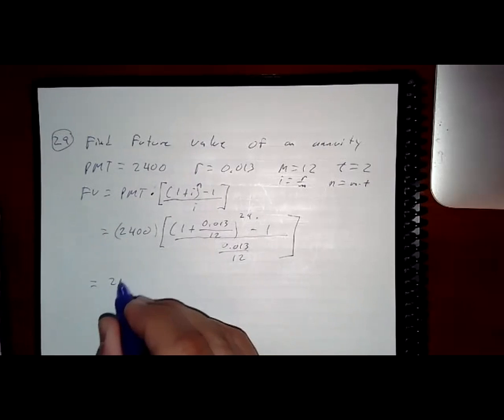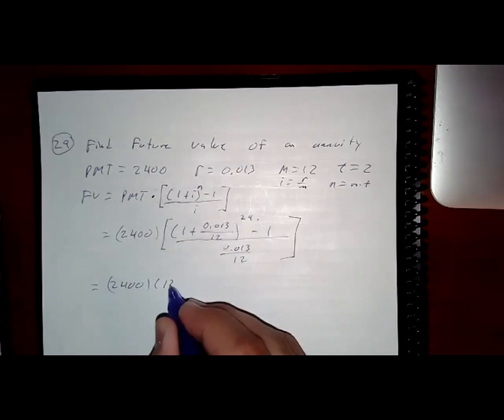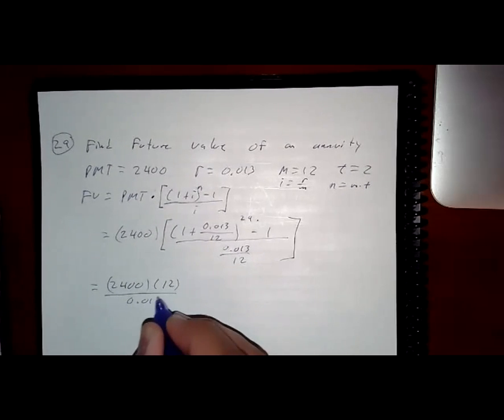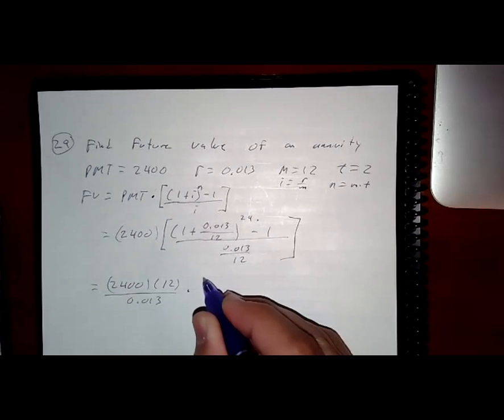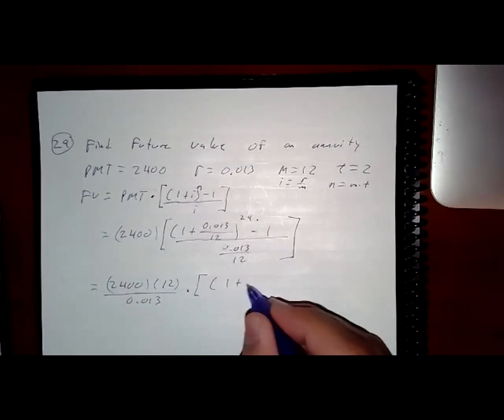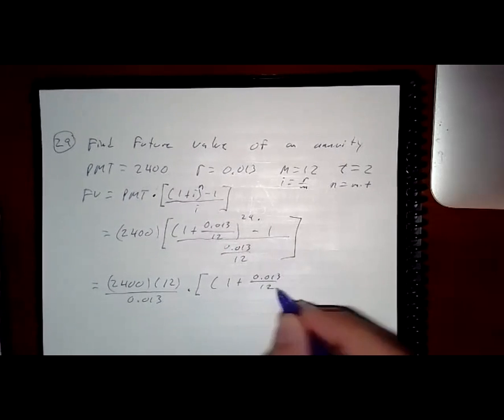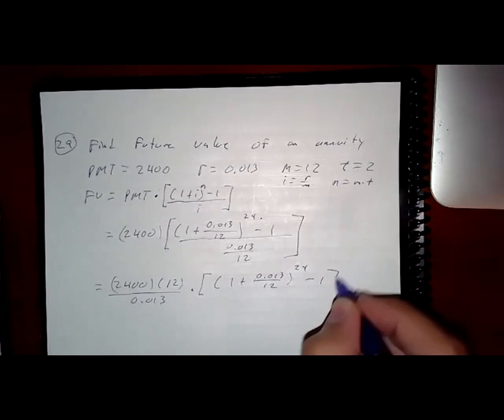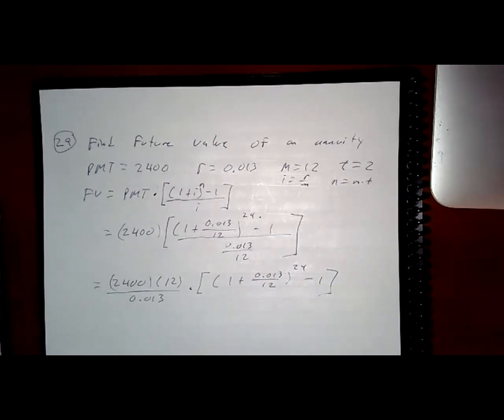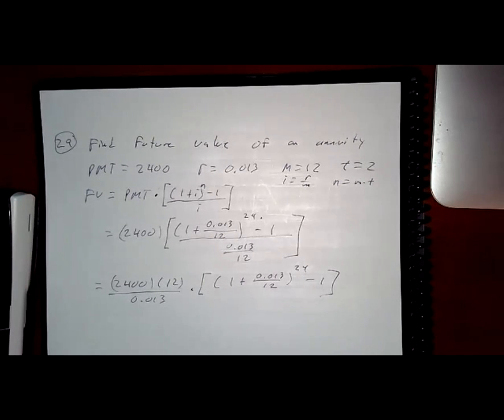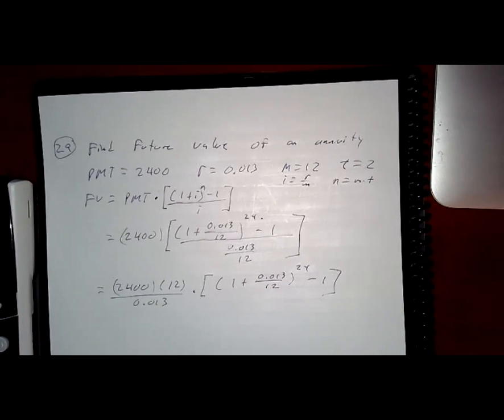So maybe 2,400 times 12 divided by 0.013 times 1 plus 0.013 over 12 to the 24th minus 1.